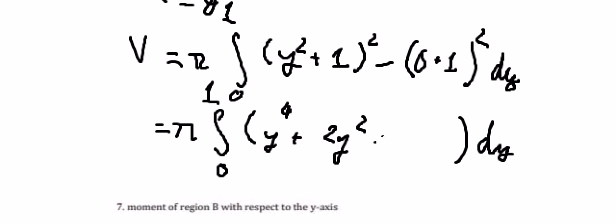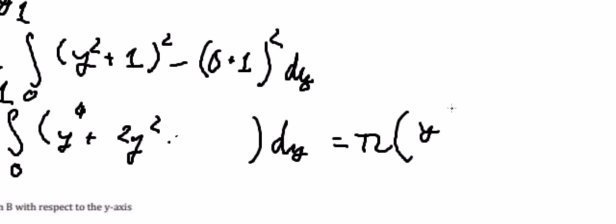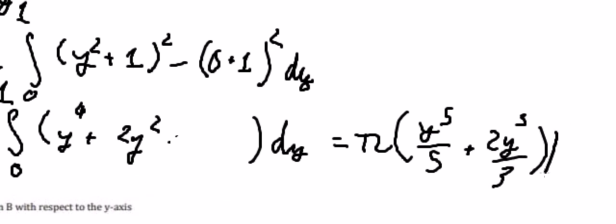So we got the final answer. So you got about 13b over 15.